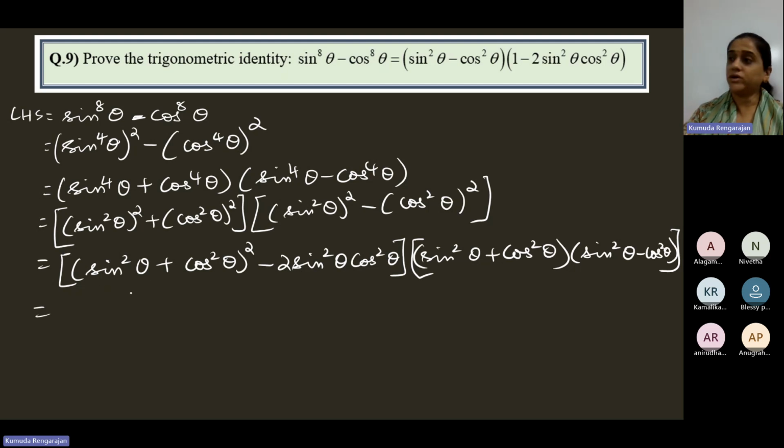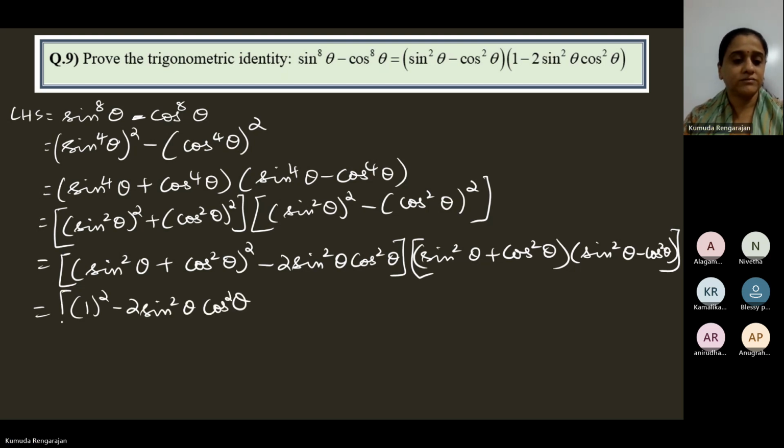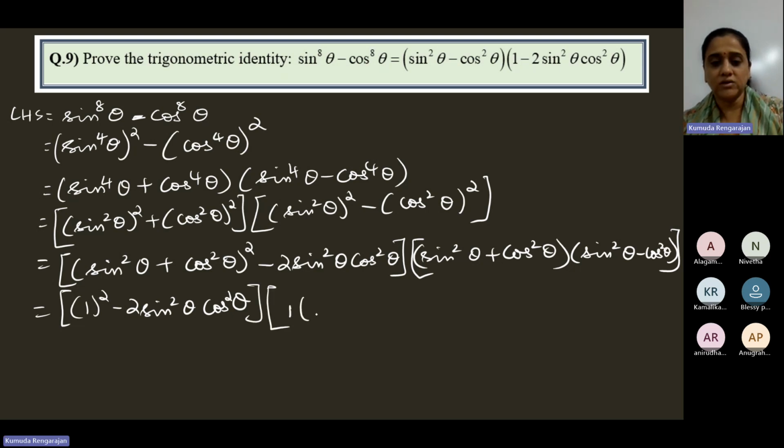Then here, what do you get? Sine square theta plus cos square theta is 1. 1 square minus 2 sine square theta cos square theta. Here again sine square theta plus cos square theta is 1 into sine square theta minus cos square theta.